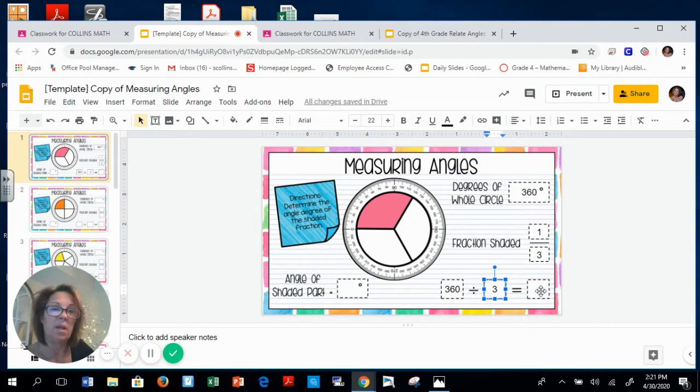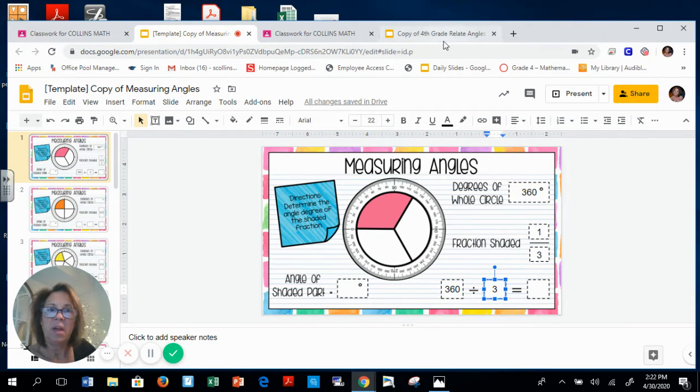I'm not going to put that in there, but that is what goes here, as well as here, the angle of the shaded part. There are 15 slides here. Each one is done the same. Of course, the circles are divided into different parts, so you get some practice with understanding that concept.